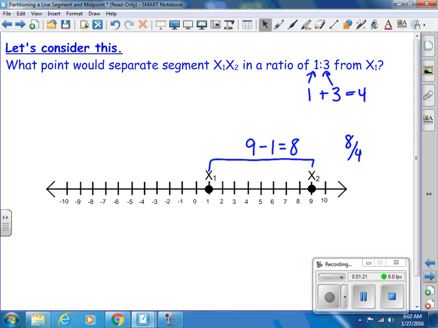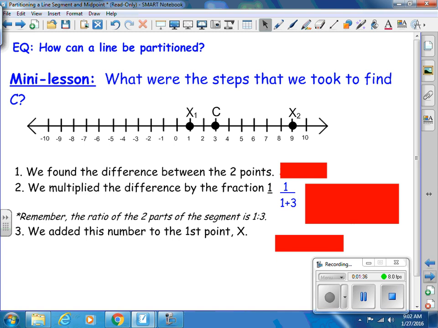So let's talk about how this would apply to our partitioning formula and how we could extend this basic idea of taking the distance, adding the ratio to get the total number of parts, and then changing those amounts. So the first thing we did was we found the distance between the 2 points. And we did that by subtracting our 2 points.